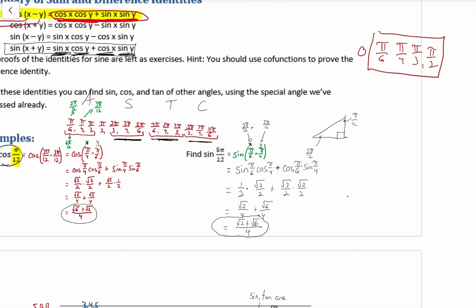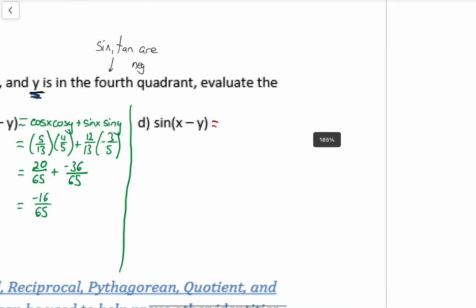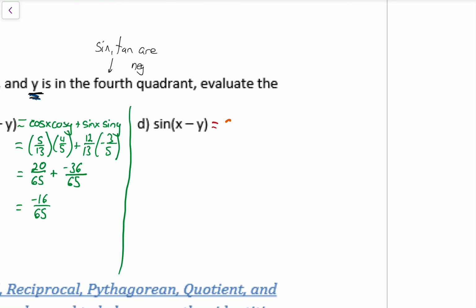Here's our difference identity for sine. Sine x cosine y minus cosine x sine y. So we are doing this one. Sine x cosine y minus cosine x sine y.